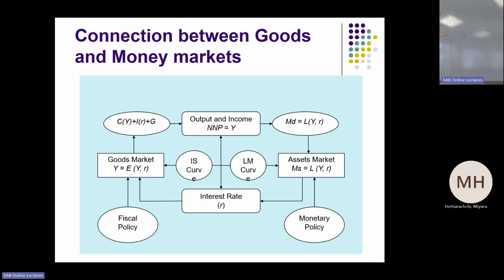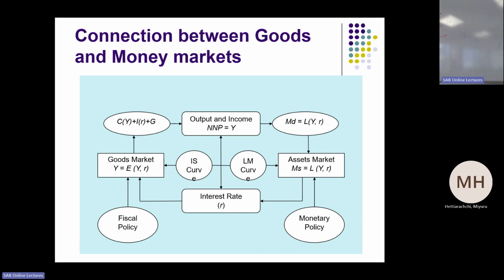And fiscal policy, that is budgetary policy, especially government expenditure and taxes, affects these macro variables.